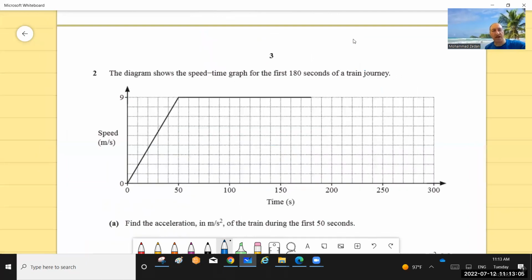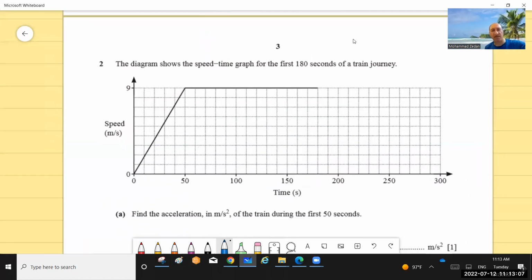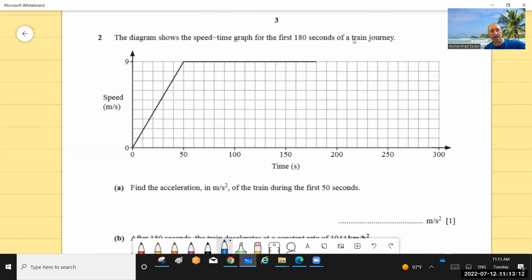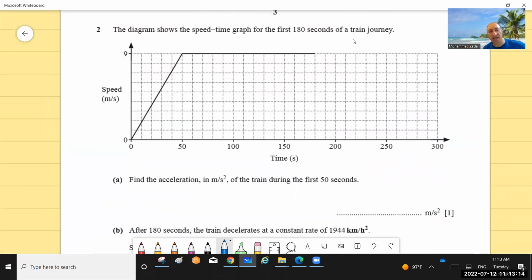Question number 2. The diagram shows a speed-time graph for the first 180 seconds of a train journey, this part. Find the acceleration in meters per second squared of the train during the first 50 seconds. This is the first 50 seconds until here. The acceleration in the speed-time graph is calculated by calculating the slope or the gradient of this line.